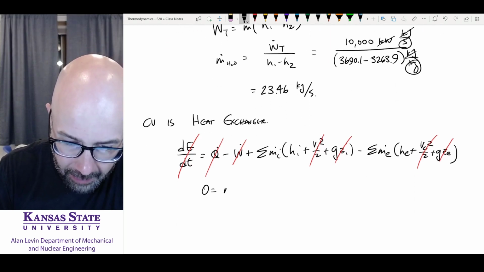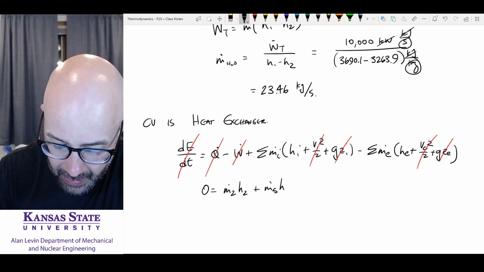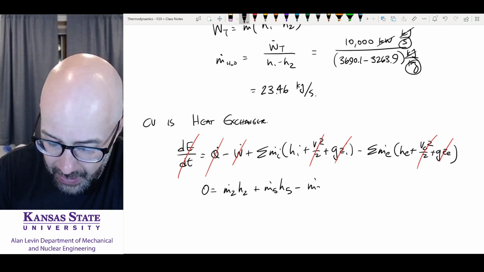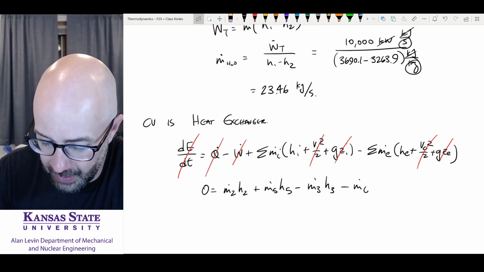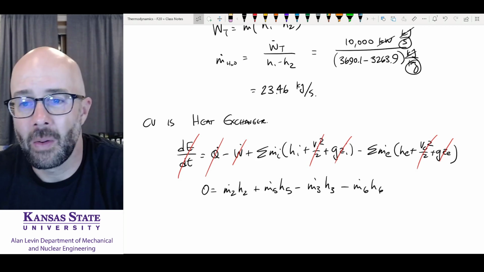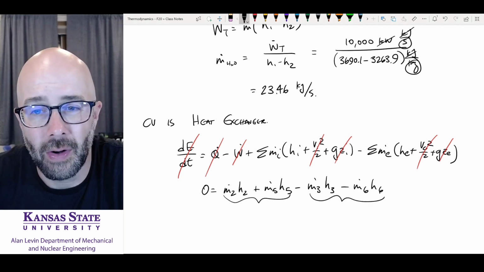0 is equal to the mass flow rate at 2 times the enthalpy of 2 plus the mass rate of 5 times the enthalpy of 5 minus the mass rate of 3 times the enthalpy of 3 minus the mass rate of 6 times the enthalpy of 6. Okay, this is what's coming in, and this is what's going out of that control volume.